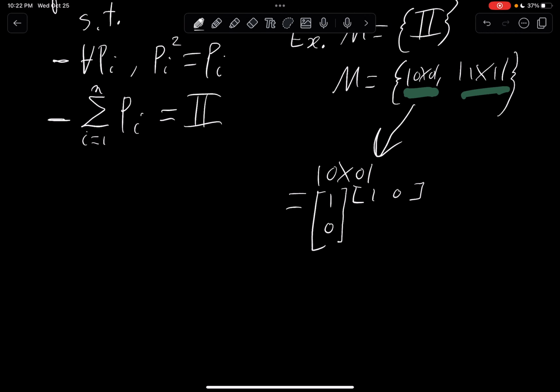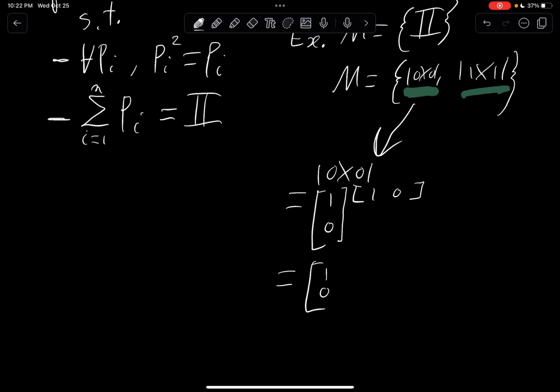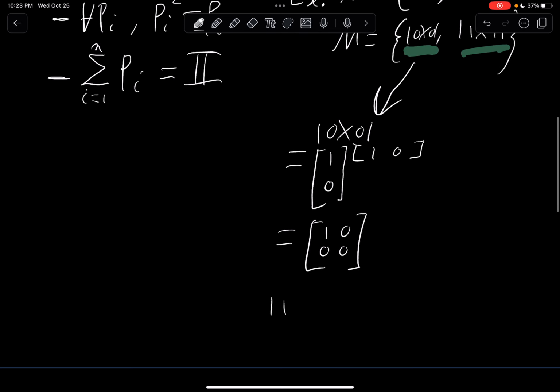Well, if you remember your linear algebra correctly, you'll see that this is just equal to this. Similarly, you can check that |1><1| is given by this matrix here.